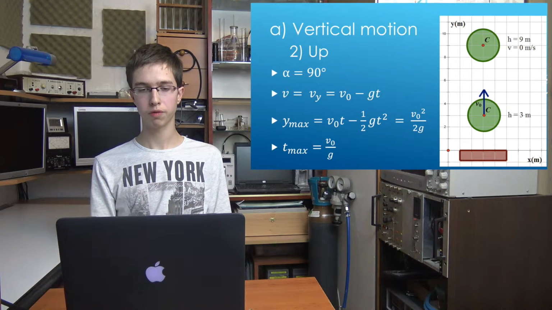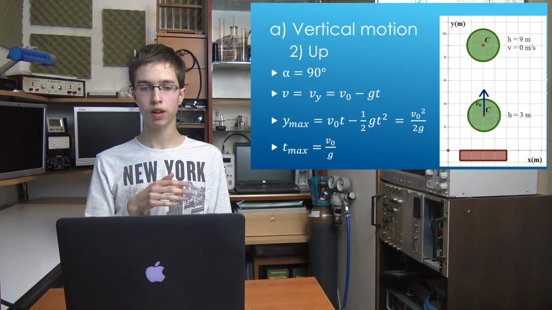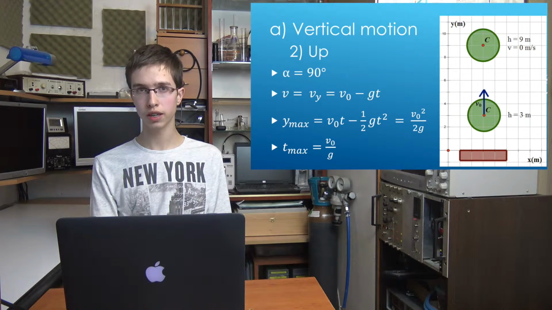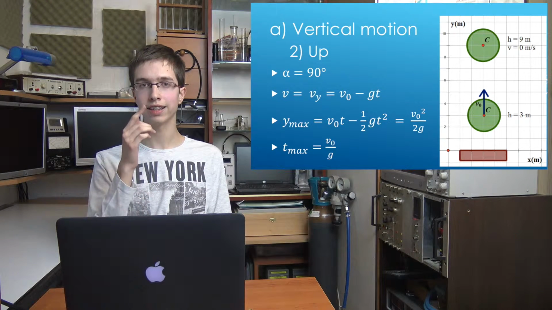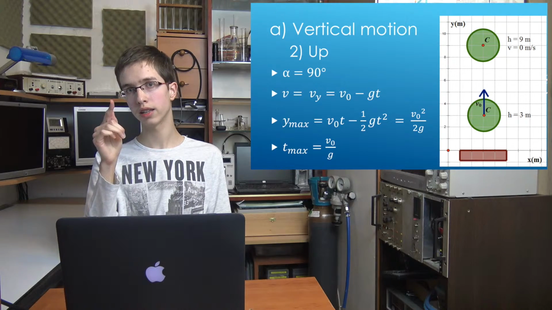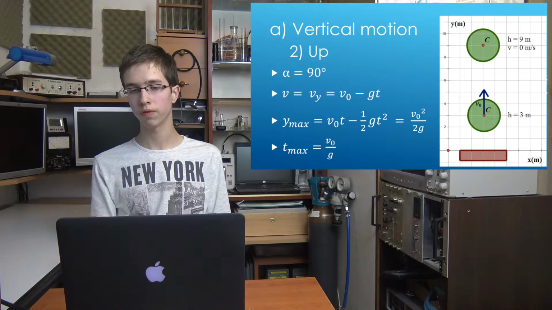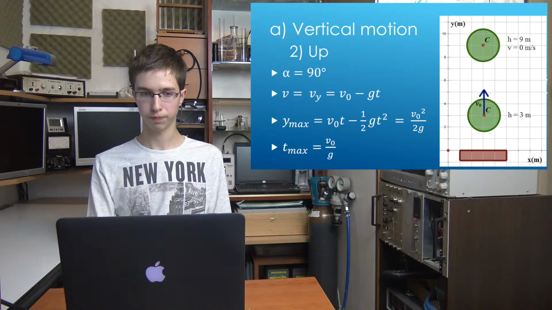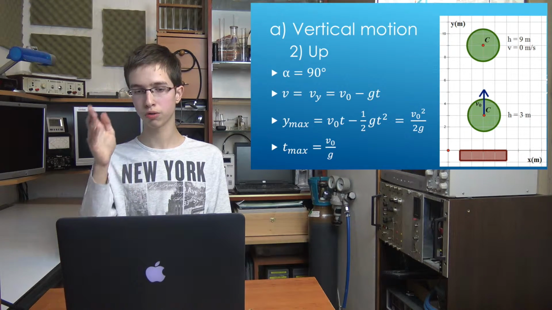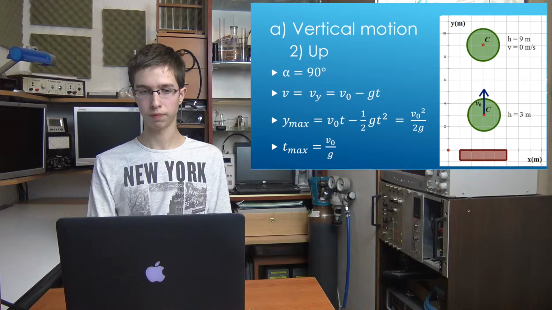And on this picture we have a body which starts at the initial height of 3 meters with some starting velocity v0 and comes to the highest point of 9 meters, where its velocity comes to 0 meters per second because it stops at that highest point, and then it comes into free fall down. After that vertical motion up, it goes down into free fall.